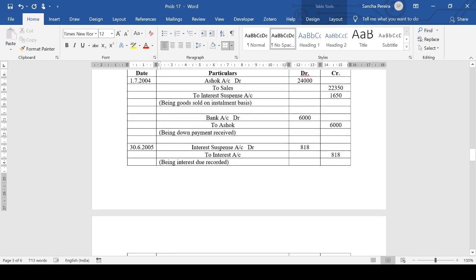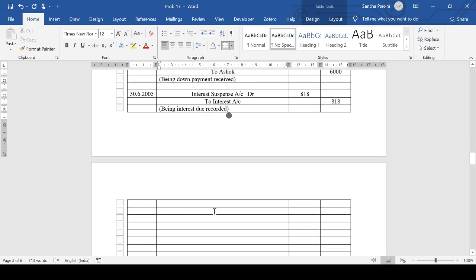Next, we have the receipt of the installment. So again, bank account debit to Ashok, it is 6,000. Being installment received.